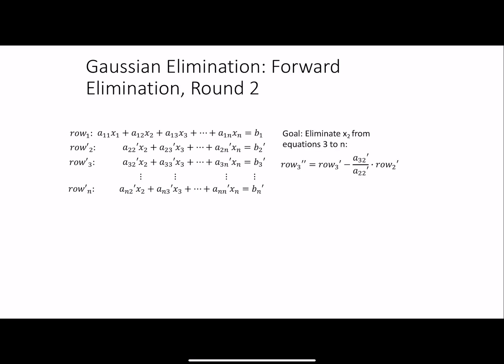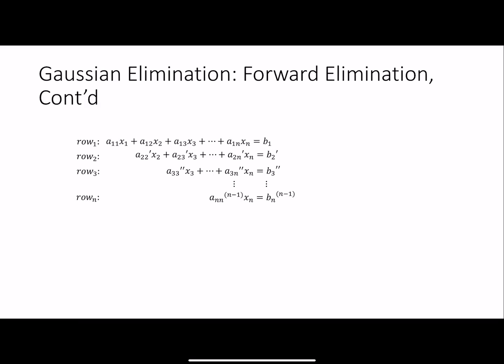The procedure is identical, but now we're playing with this value, and so on. And you keep doing this all the way until the very bottom, or you do it n-1 times, because you skip the first one, so you have one less than the size of the system.